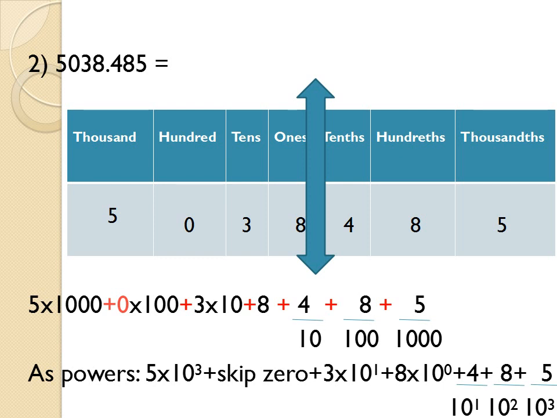Plus 8, plus لأنه هون أنا بلشت ما بعد الفاصلة. Here we began after the point, so we must put our numbers as a fraction.